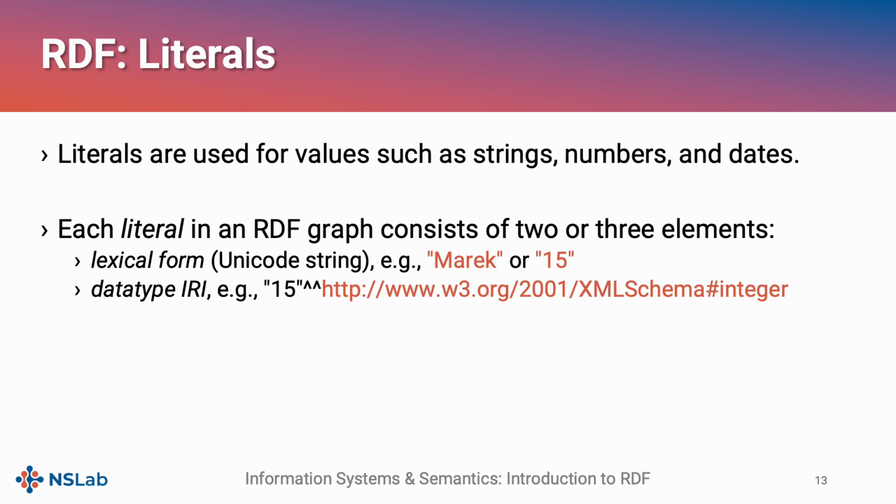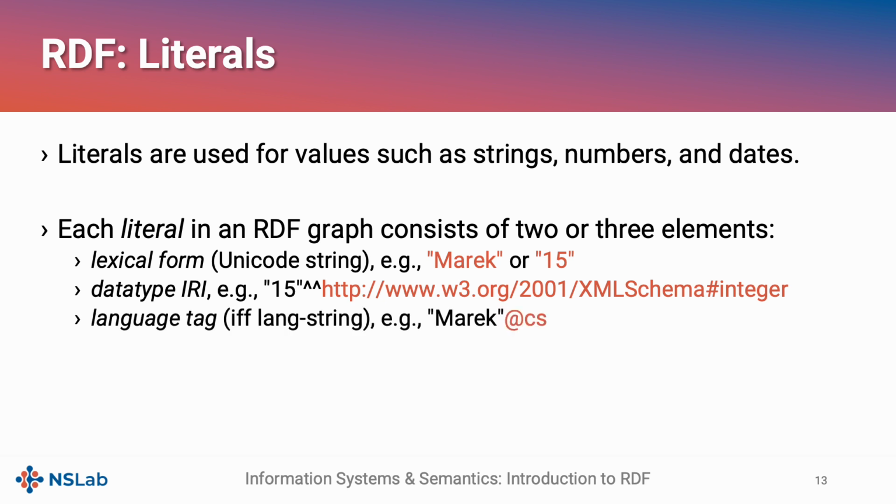Then there is the data type. Data type is again a resource itself. So data type is identified by a resource identifier. In some formats you can write it like this, that you specify that the literal, now 15, is of a certain type. In this case it's integer from XML schema.